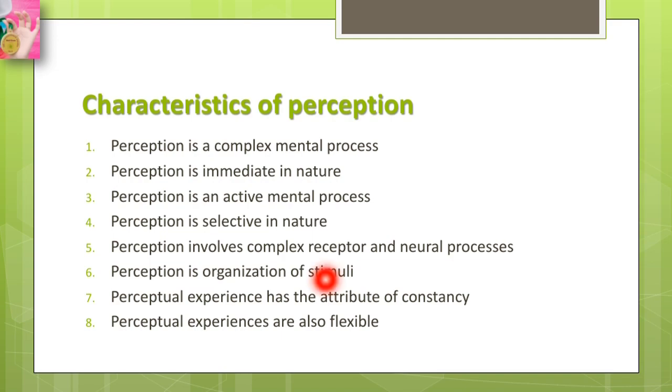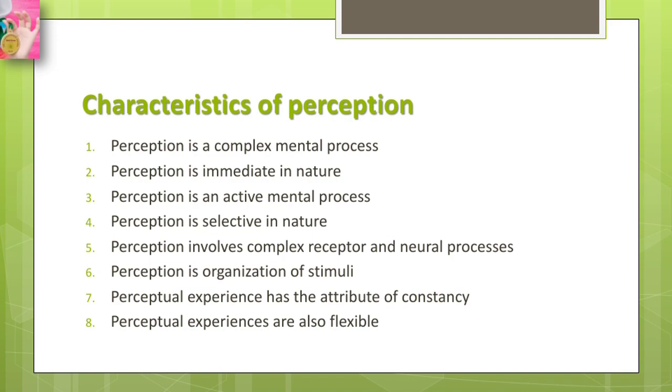Then the seventh point is that perception has the attribute of constancy. Constancy or stability in the perceptual experience is one of the significant attributes, according to which we tend to perceive an object in its original form, even if the object is different or if it varies.